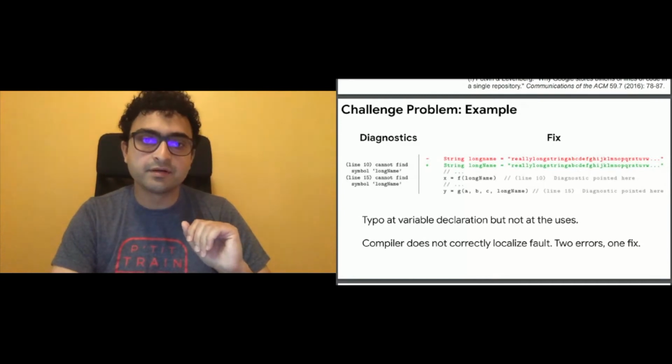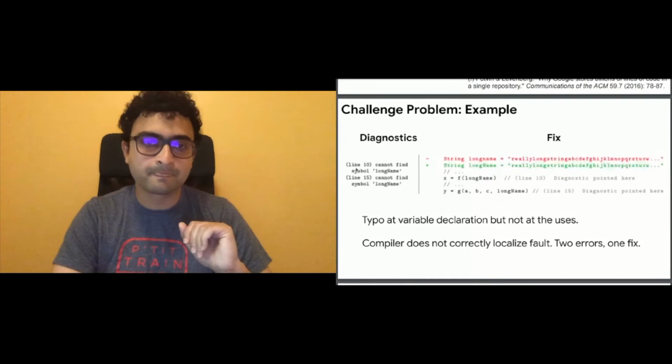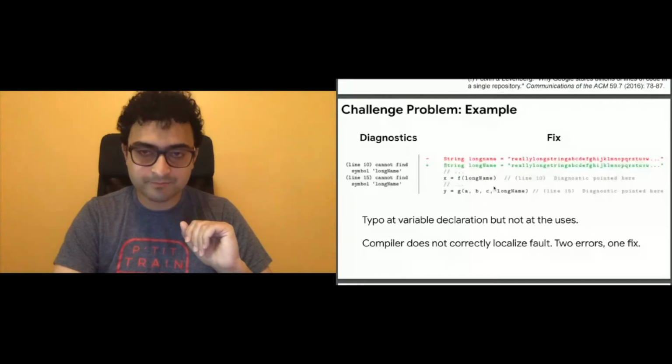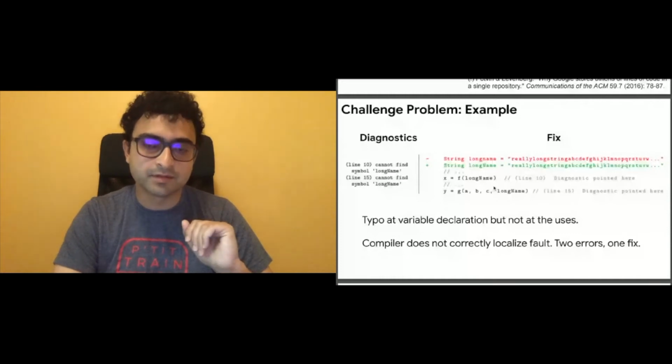So you can see that the compiler diagnostic complained that at line 10, it can't find the symbol long name. And similarly, at line 15, it mentioned the same thing. Now, if you squint really hard, you'll notice that this long name is camel-cased, whereas the original definition did not have camel-case. It was a typo. And the fix was kind of simple, to change it to camel-case.